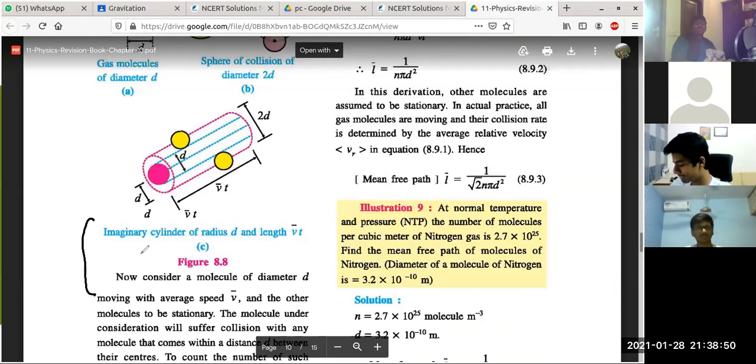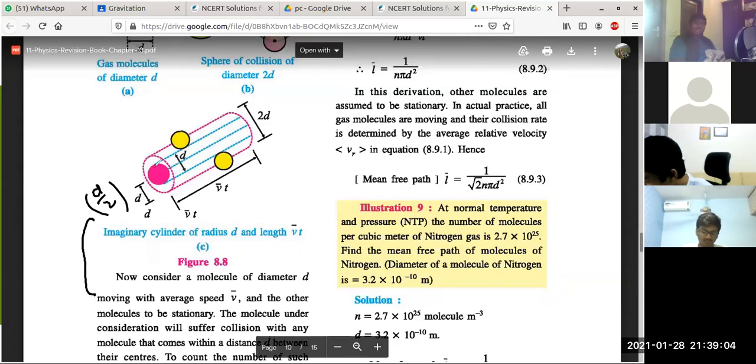See, it's simple. Suppose there is a pink molecule, and the pink molecule has diameter d, then the radius is d by 2, correct? So this pink molecule will hit this yellow molecule if the distance between their centers is less than d.